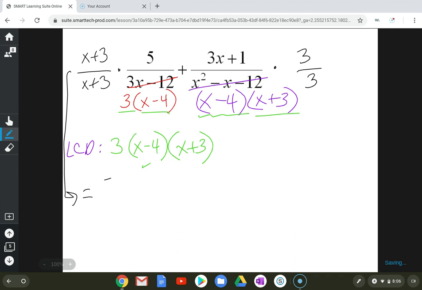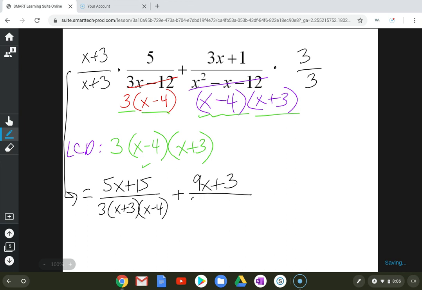So on top, I get 5x plus 15 over my LCD. By the way, you never, ever, ever distribute out the denominator, only the numerator. On top here, when I distribute the 3, I get 9x plus 3 times my LCD.